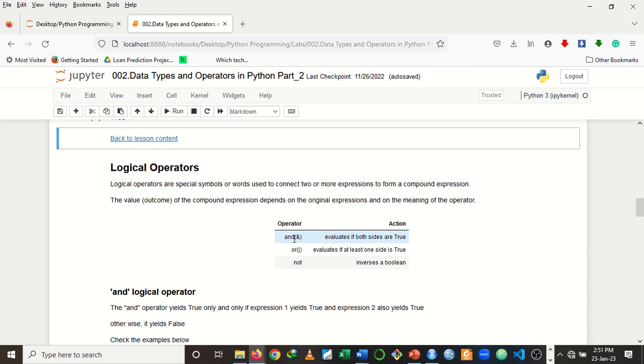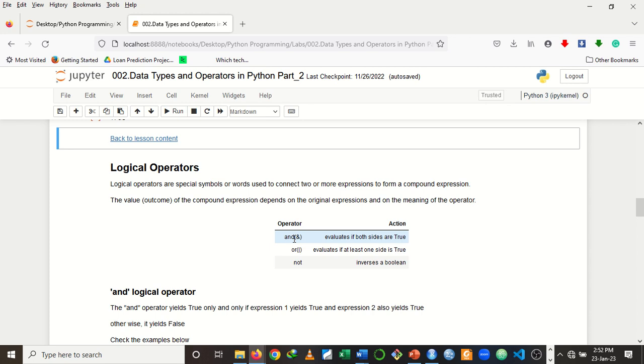It will be true if and only if the first expression is true and the second expression is true, right? So the and checks if both expressions are true. If not, the compound will become false, right? So the and is true only if both expression A and expression B are true.